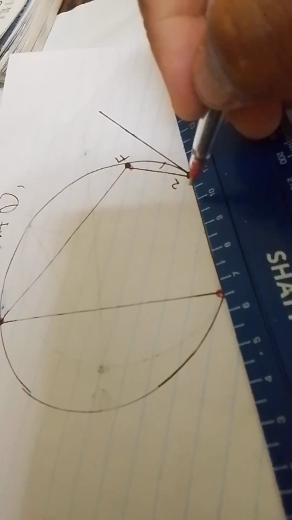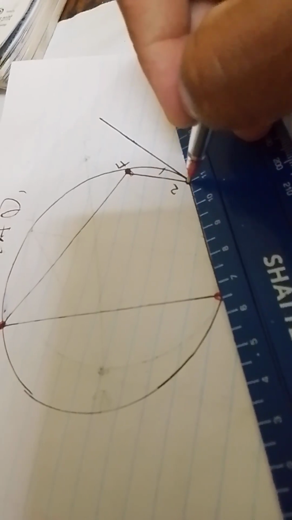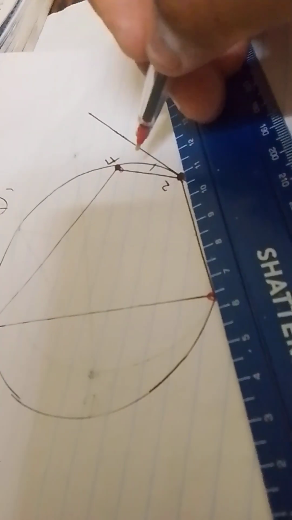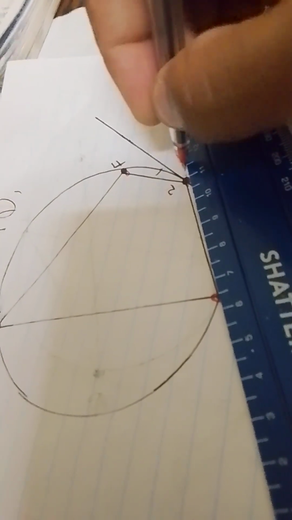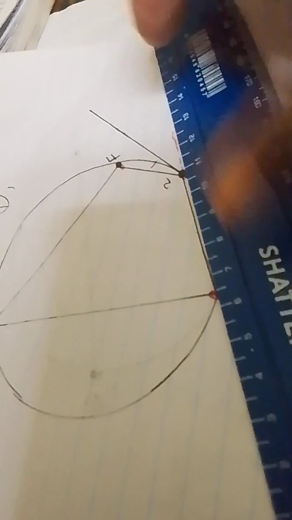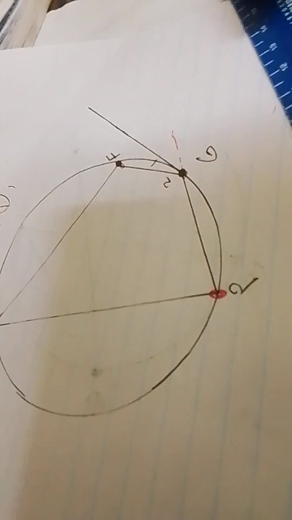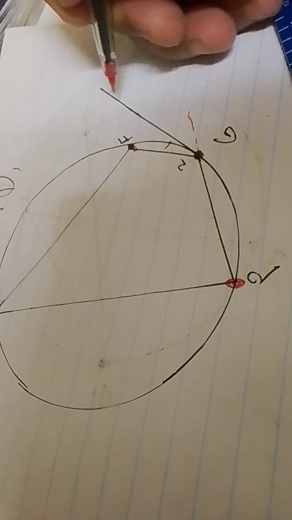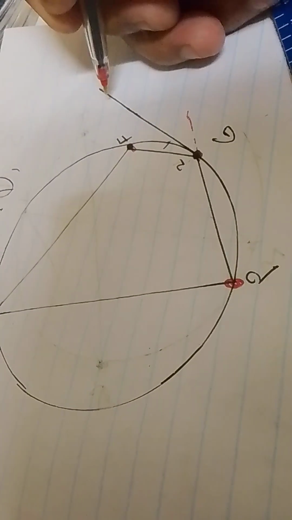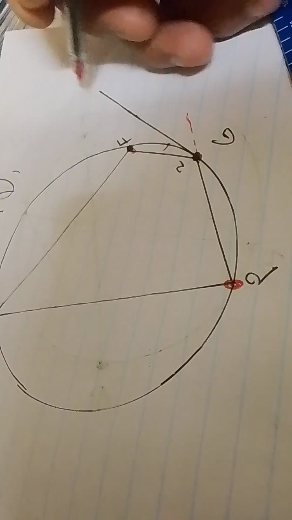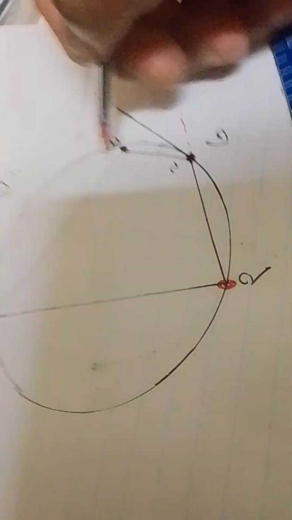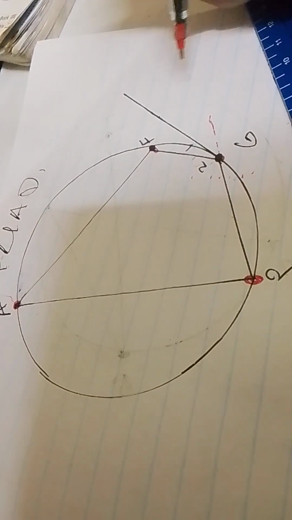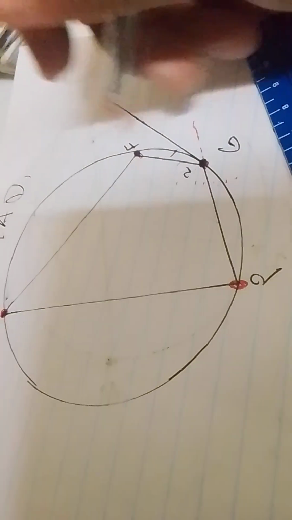So for you to have this theorem, at least this side here must extend outside. So one side of the cyclic quad must extend outside. So this line here is not coming from any side. It's not extending out from any side. It's just a line. So this theorem won't apply here in this diagram.